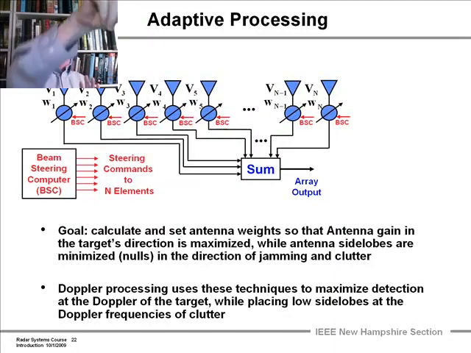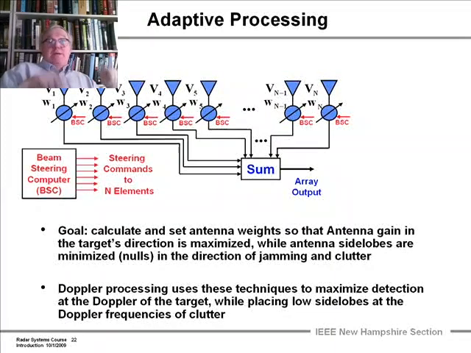We've got a beam going out, and how can we adaptively weight the phase shifters in that phased array so that we maximize the gain in the direction of the target and minimize the gain in the direction of either clutter or a jammer? They're two separate problems in adaptive processing.